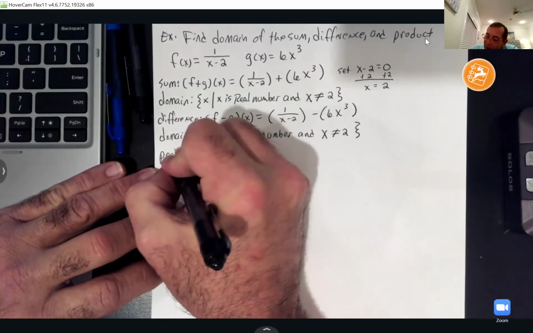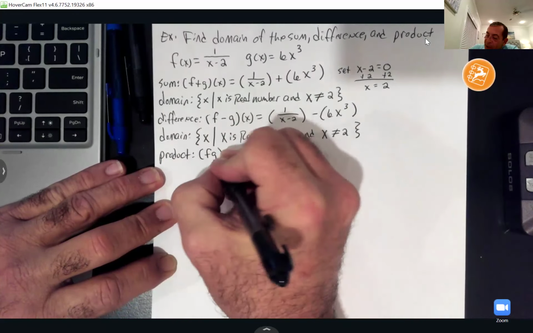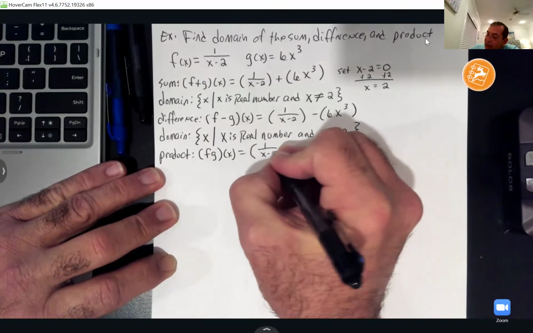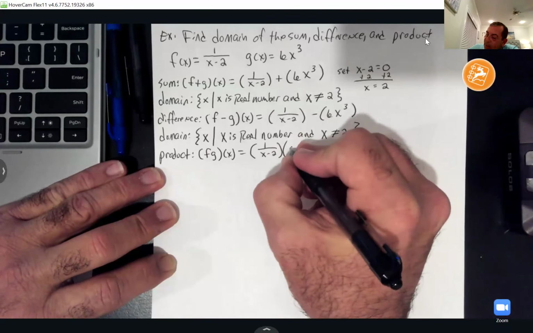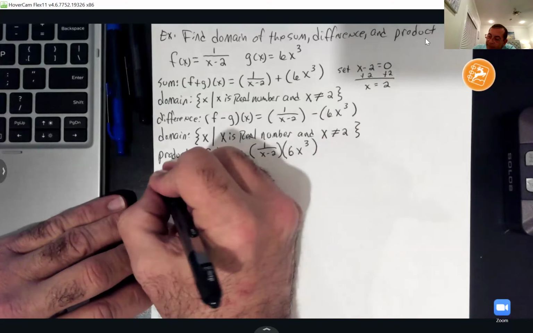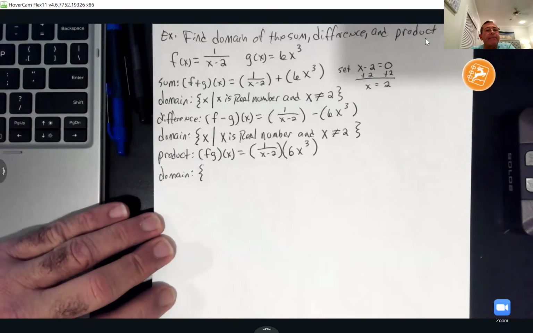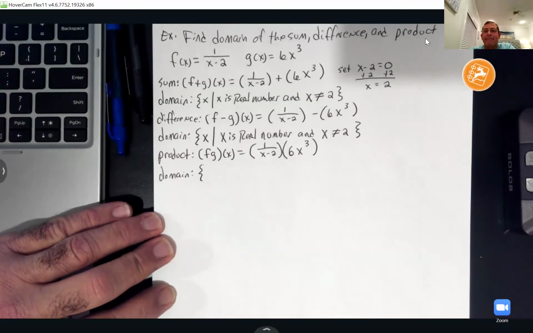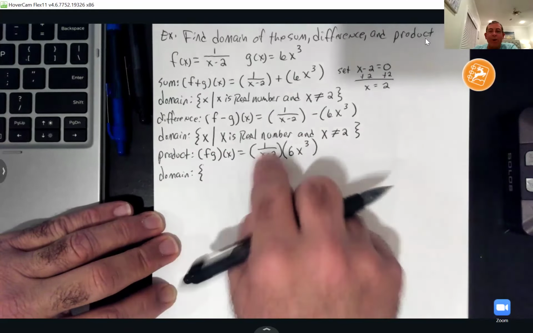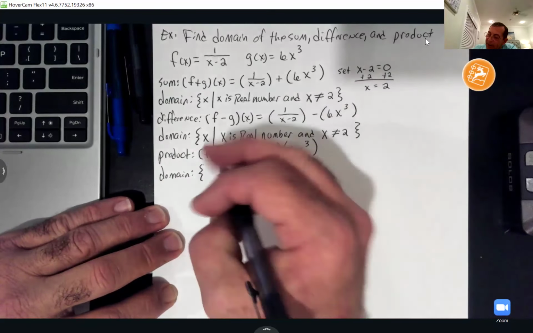So let's look at our product, which will be f times g of x. That'll equal my f, 1 over x minus 2, times my g, which is 6x to the third. So what y'all think about that? Same thing, y'all, because there's only one fraction in here, and that x still cannot equal 2, makes it undefined.